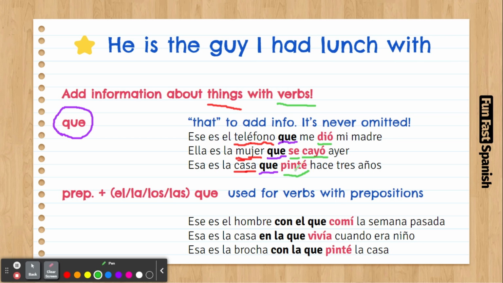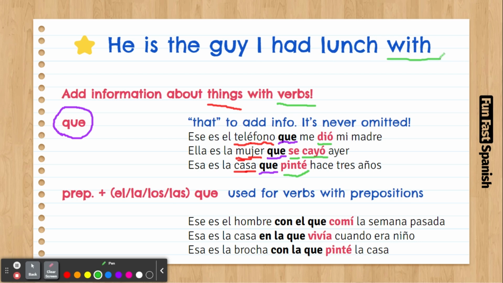Now, what happens when the verb has prepositions? So it's pretty much the same thing here, but there will be a bit of changes. You've heard sentences like, "This is the guy I had lunch with."